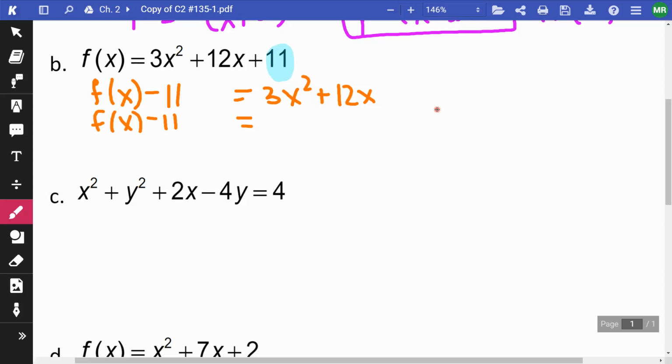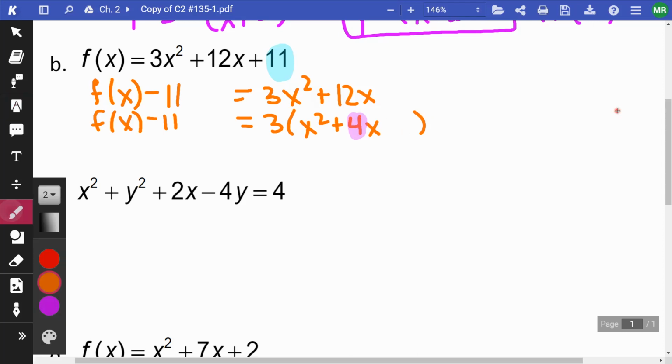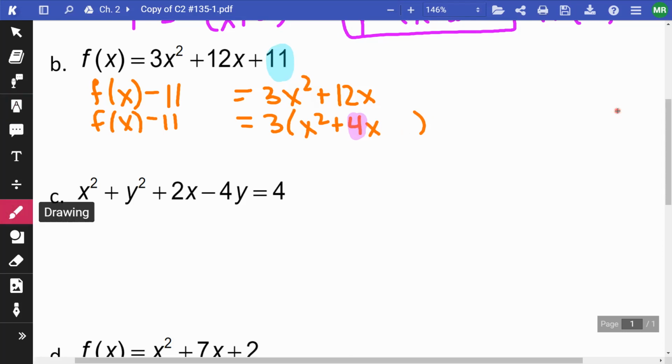Again, I'm going to leave some space. I'm going to factor out my 3, and I'm going to have x squared plus 4x. And then I need to figure out what I'm going to put here. So when I'm doing this, I am going to be looking at this 4, and I am going to be taking half of my 4 and squaring it. So half of 4 is 2, and 2 squared is 4.